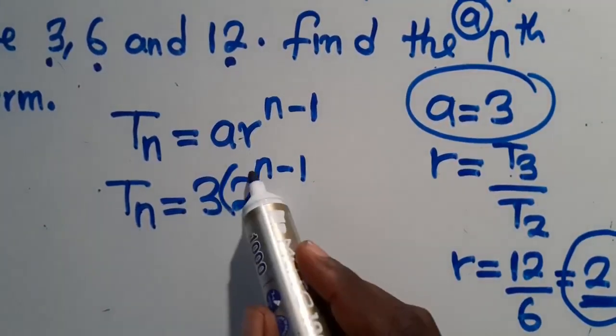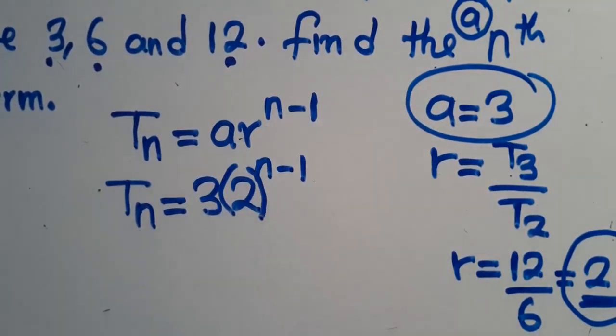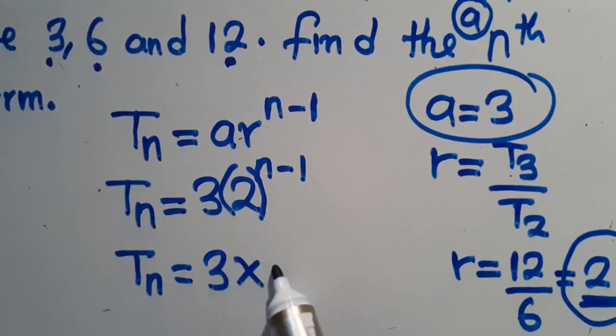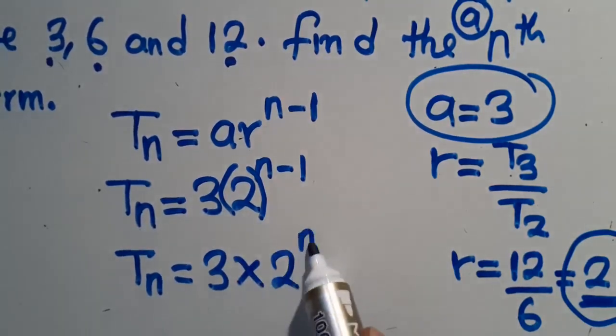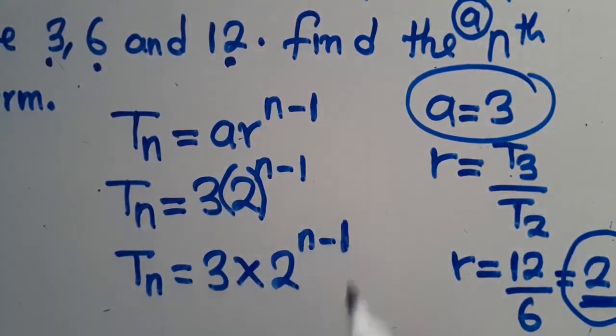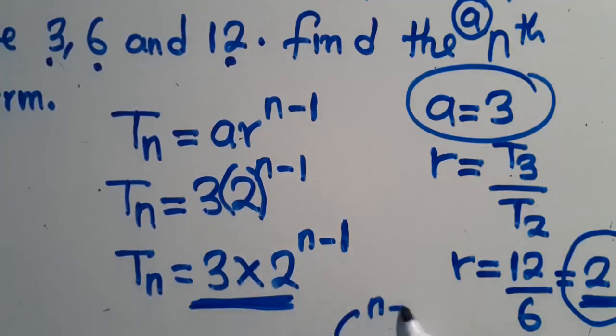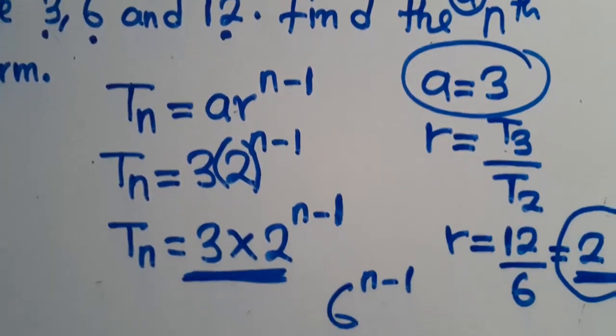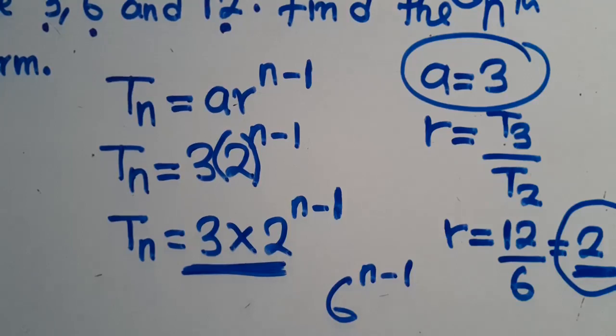You can put this in brackets like this. So Tn is equal to 3, and if you want, you can say times 2 to the power n minus 1. There is no problem. But don't make the mistake of multiplying here and saying that it is 6 to the power n minus 1. These are two different things.